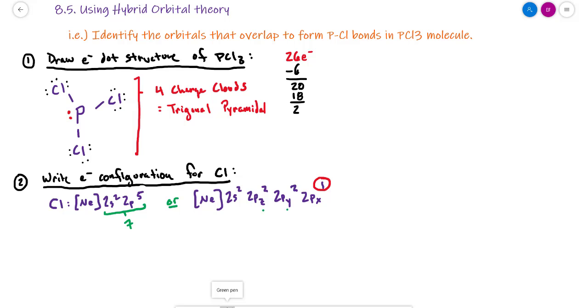Whatever I choose here for x, y, z, it doesn't matter at all. It'll matter when I draw the ultimate molecule which one I chose here. I want to be self-consistent, but I could have easily written this as 2px2, 2pz2, and 2py1. It's an arbitrary choice. What's important here is to note that this 2px is where we have 1 unpaired electron where we could form a bond to that chlorine atom.